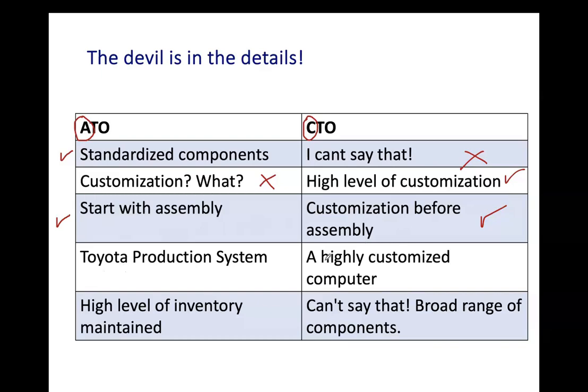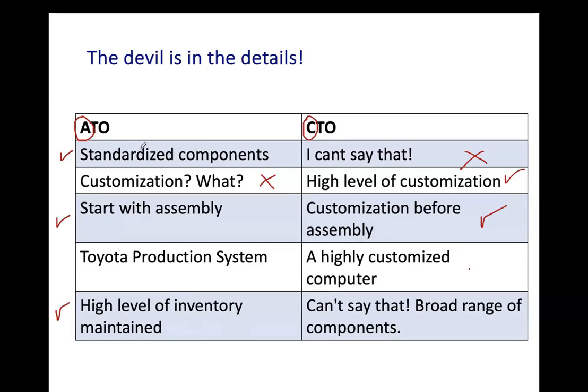Because it's highly customized, it would have some component or specification that other computers don't have. So they would need manufacturing and assembly, and accordingly, lead time will be longer in this case. And the last thing is inventory level. In ATO, that's assemble to order, it is possible to have a high level of inventory because all the components are standardized.